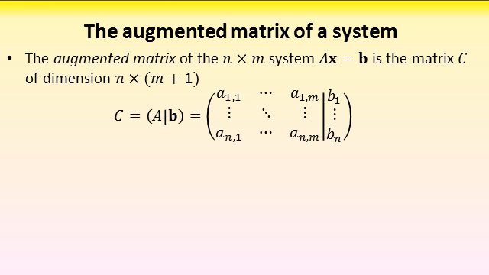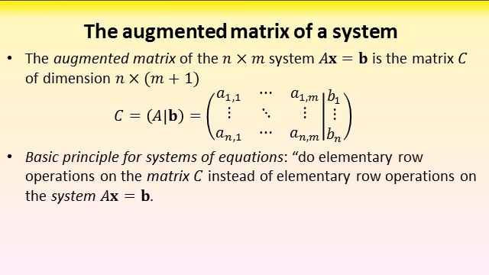It saves us a lot of notation working with this augmented matrix instead of working with the system, but more importantly, we can use results from matrix algebra to conclude important results for linear systems by considering this augmented matrix.